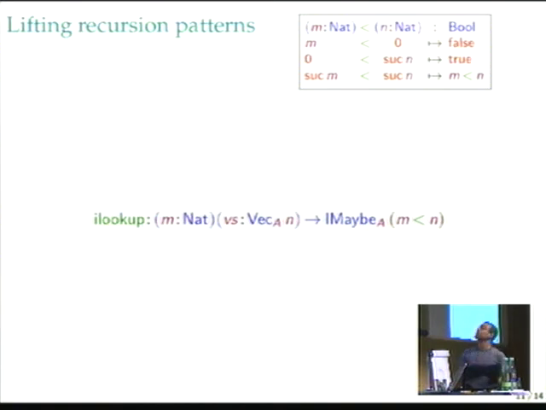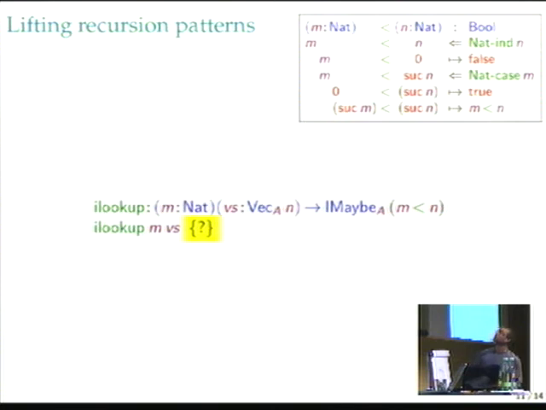Before doing that, I must digress. When I wrote this thing, I'm a member of the Church of Epigram, so I'm not allowed to do this sort of pattern matching. I must use this type, which says when I'm defining m less than n, first I do induction on n. And then there are two cases. If n is 0, then I can return false. But if n is the successor of some number, then I do a case analysis on m.